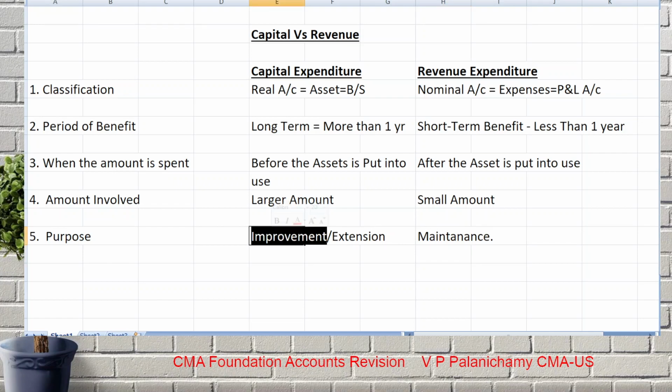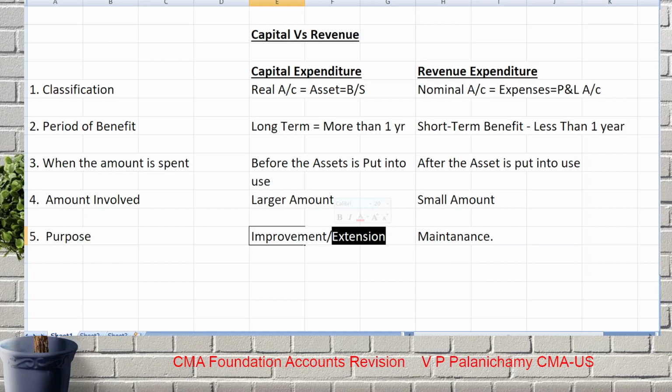For example, the capacity of the asset will go up, or it will have more space, more capacity, more efficiency. That will be called which one? Capital expenditure. For example, in the building we are adding one more floor. What is it? Extension. Capital expenditure, because it will have more capacity.